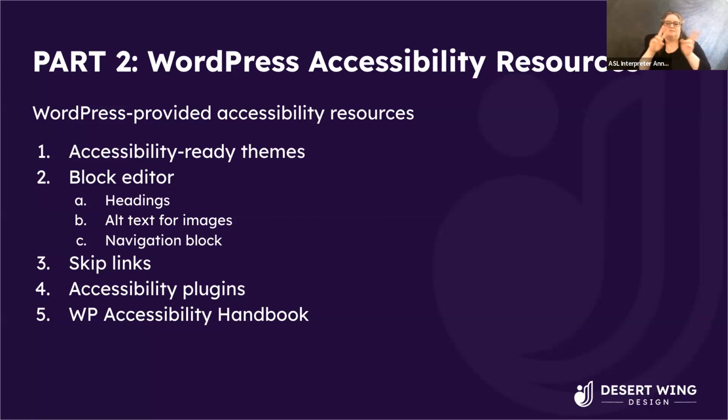So there are also information about how the accessibility team conducts testing to improve WordPress, the themes, the plugins, and if you're interested in contributing to WordPress accessibility, everyone's welcome to do that. There's also information about that. So you don't even need to know how to code.